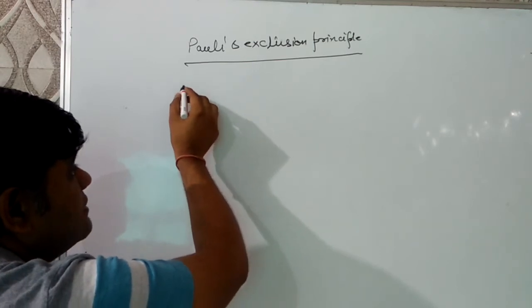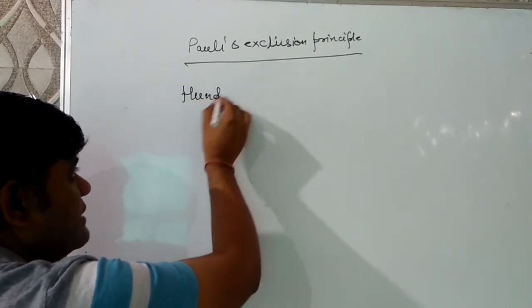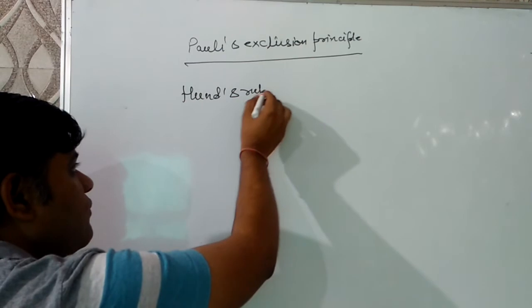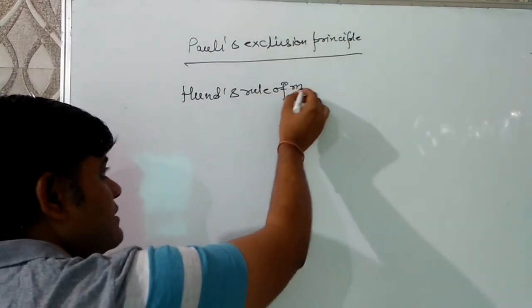Next rule is Hund's rule of maximum multiplicity.